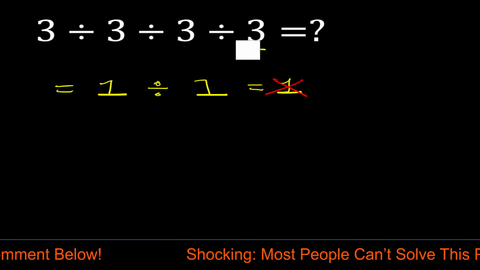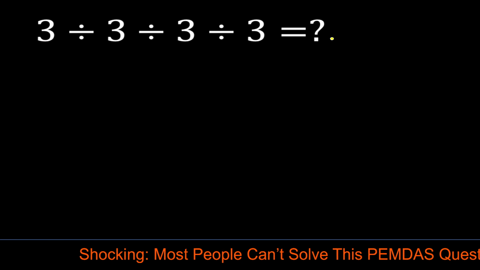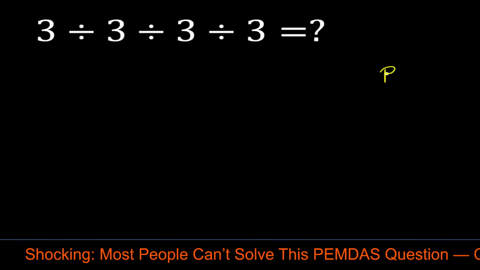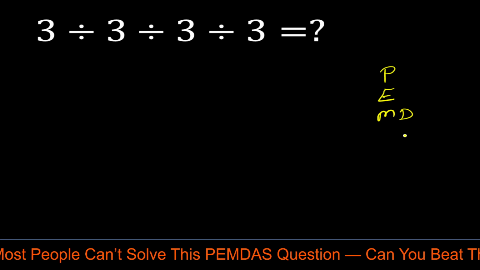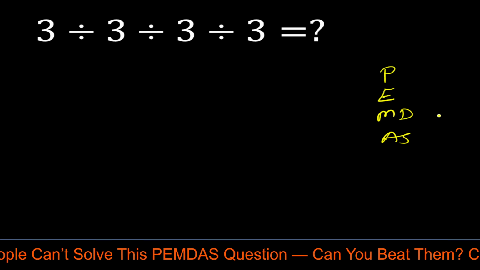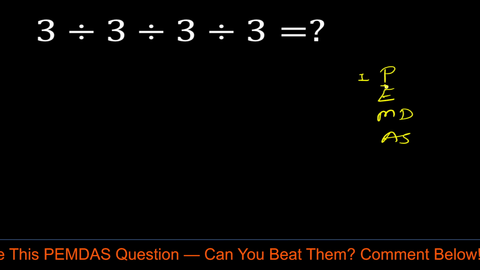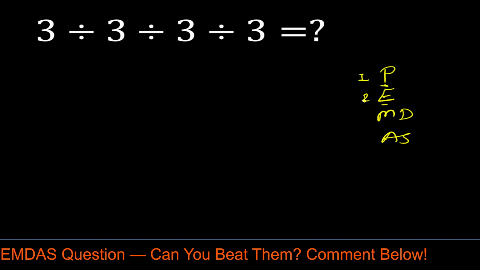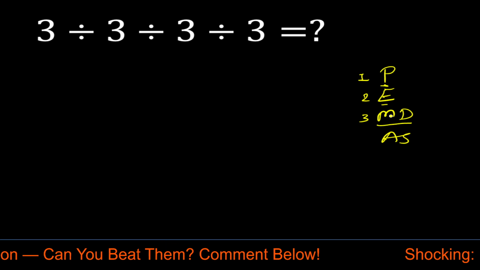So now let's solve this problem correctly by using a PEMDAS rule, right? So PEMDAS, P, E, M, D, A, S. According to PEMDAS rule, first priority is parentheses, and second priority is exponents, then third priority is multiplication and division.